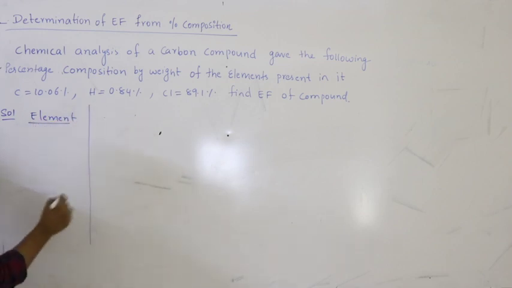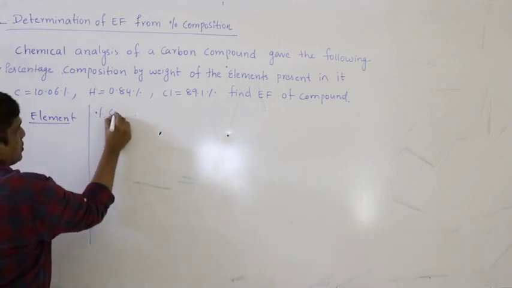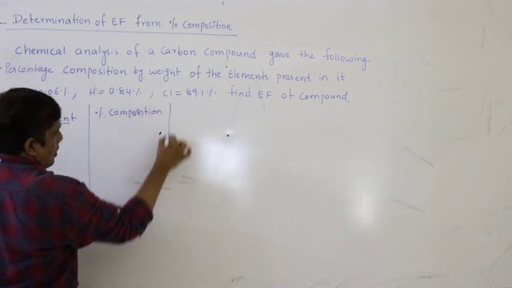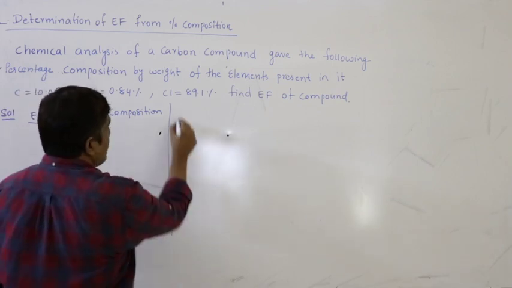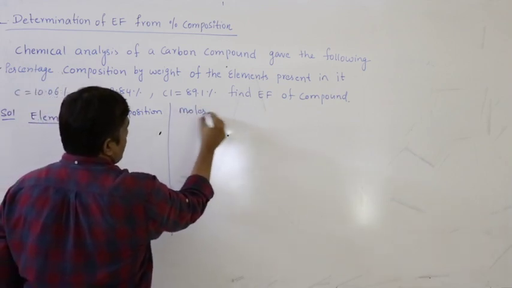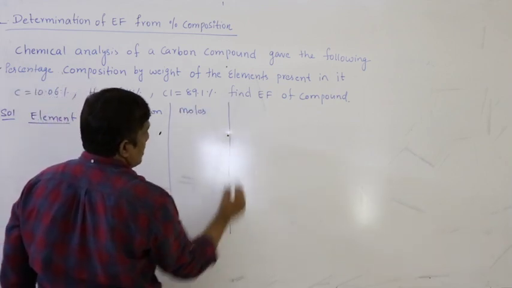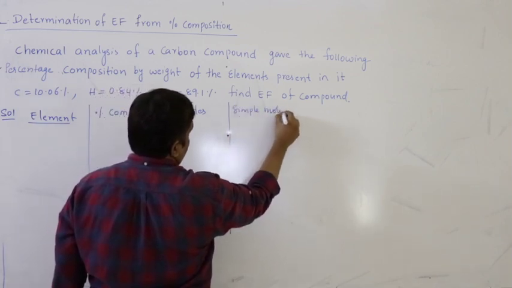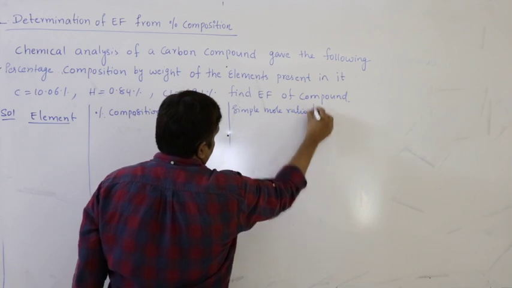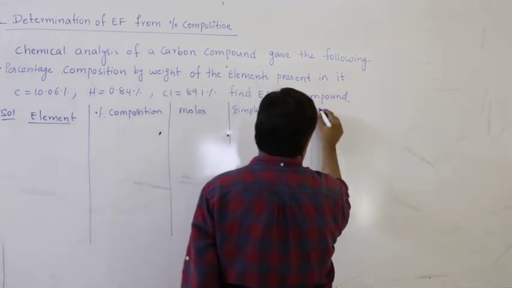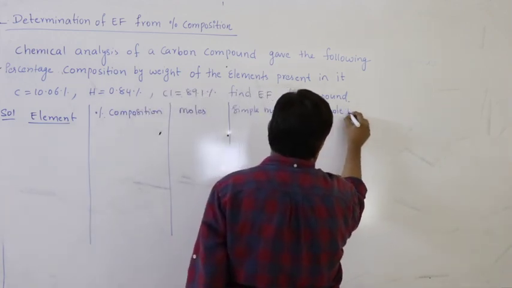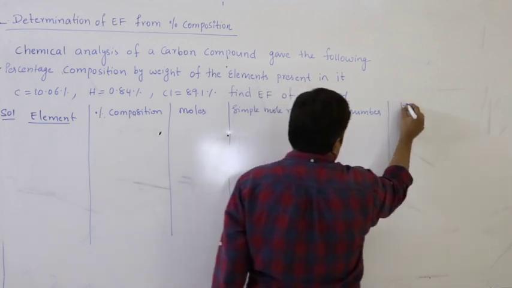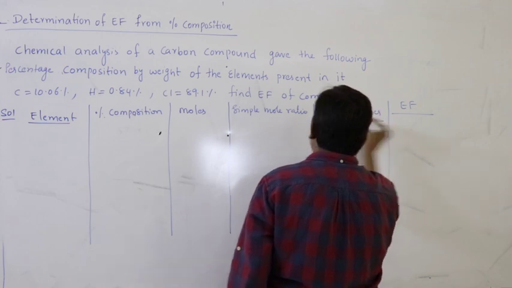Then we have to write percentage composition, right? Then we have to calculate moles, then simple mole ratio, then conversion into whole number by multiplying with a suitable integer. Then we have to write the empirical formula.